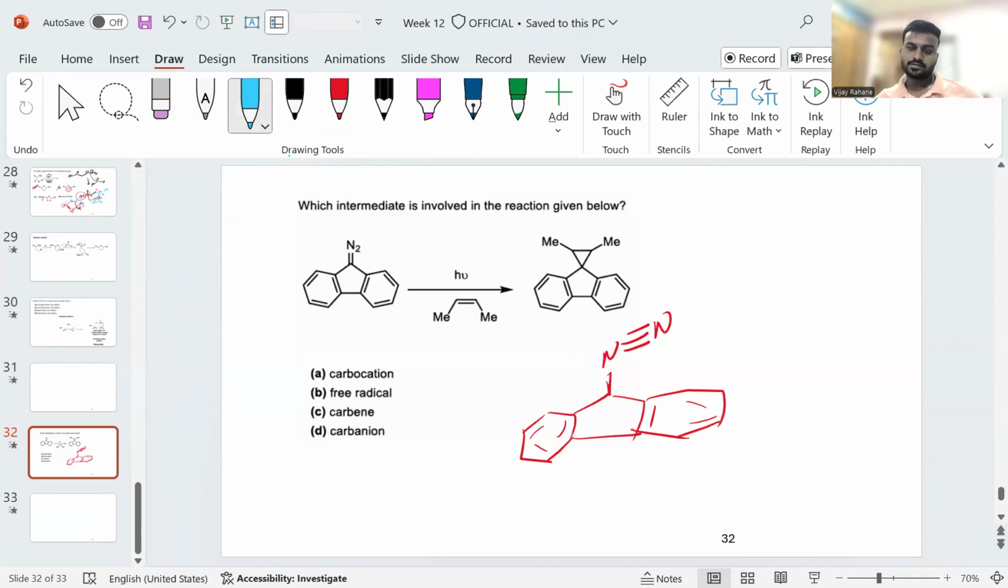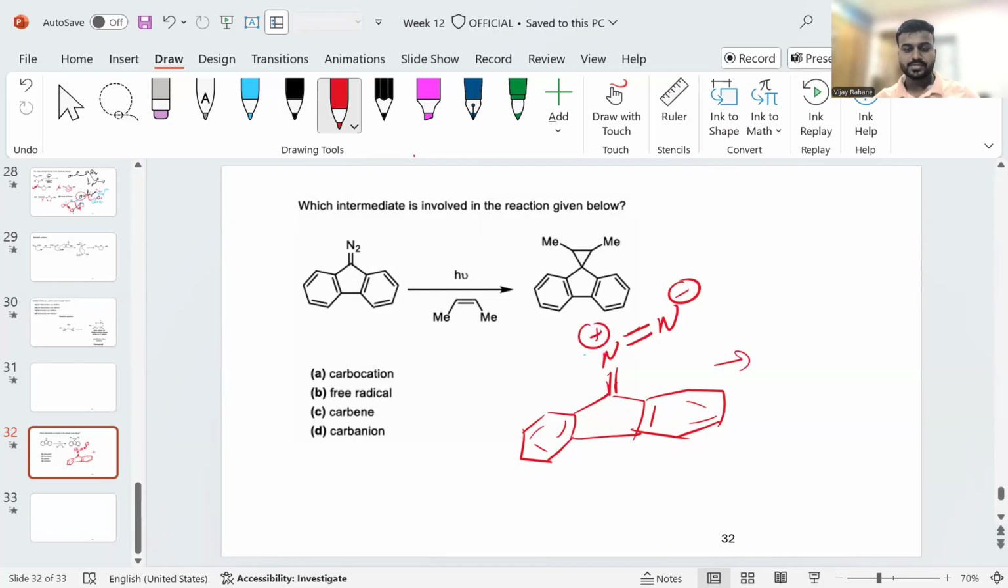Right. So here, this is the structure, which has this N negative and this N positive.